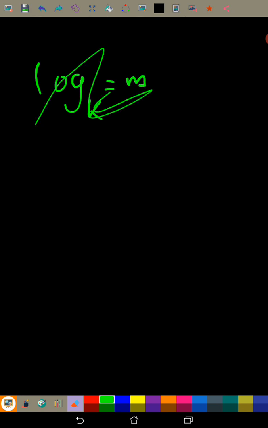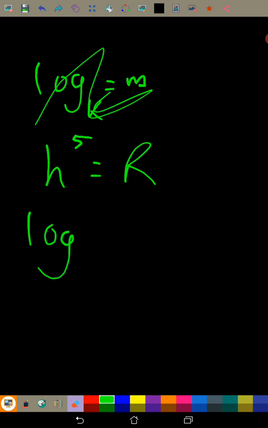Alright, and the other way, if you get something like h to the power of 5 equals r, we want to write it in the log way. So we have to say log, this is y, and it is equal to 5. So this is going to be h.